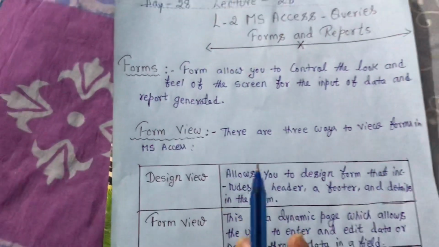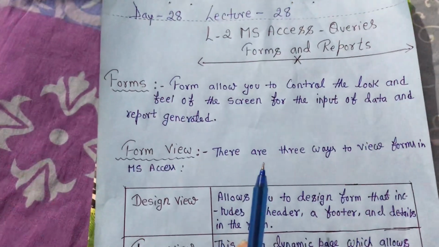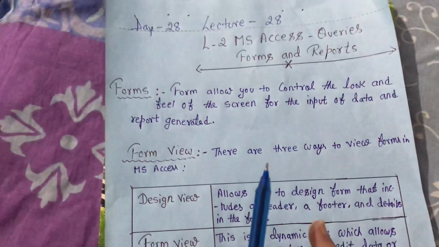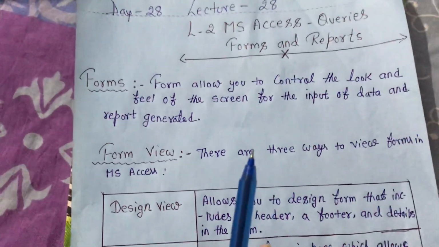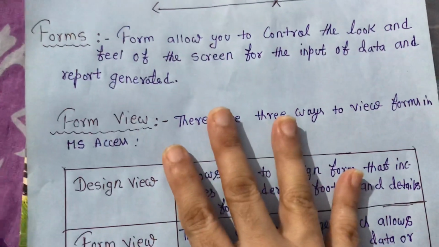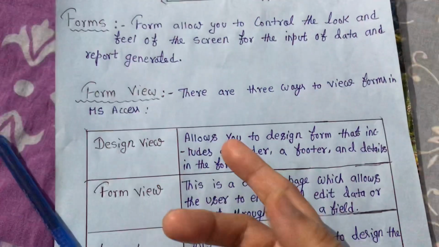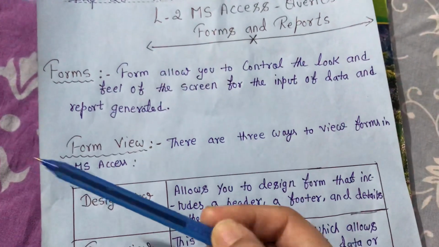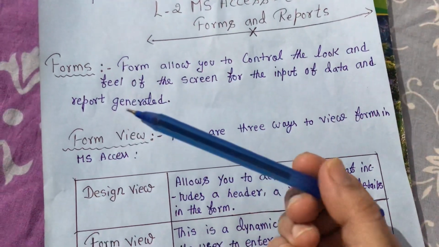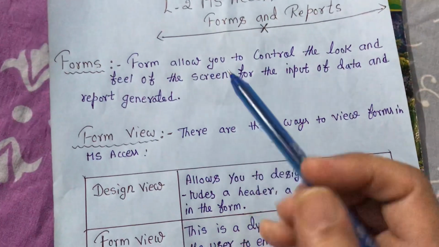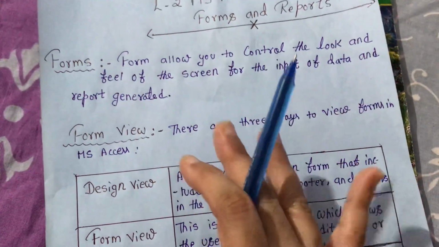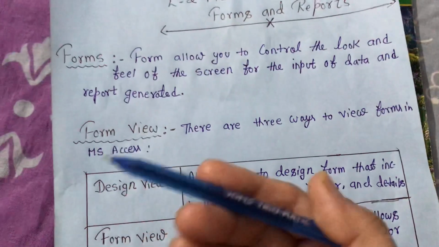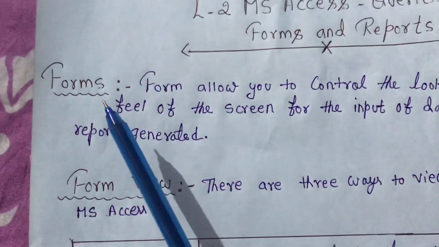Students, in our previous classes we already learned that in MS Access we have four types of objects. What four types of objects? Table, queries, forms and reports, of which we have learned about queries. Now today we learn the second object, that is forms.